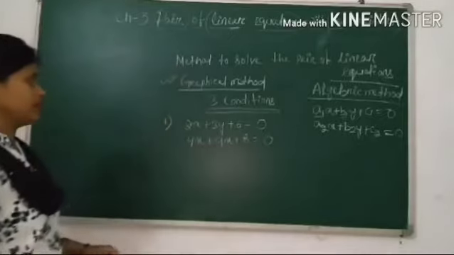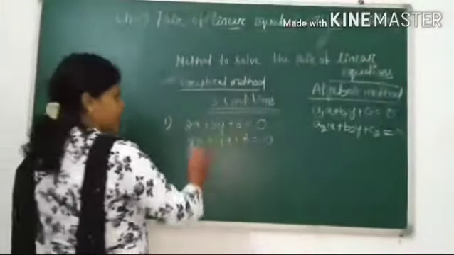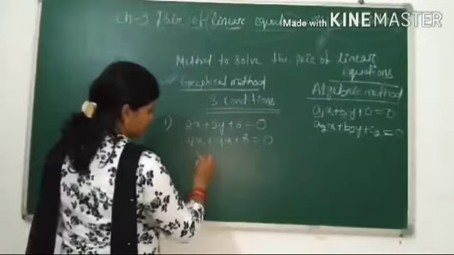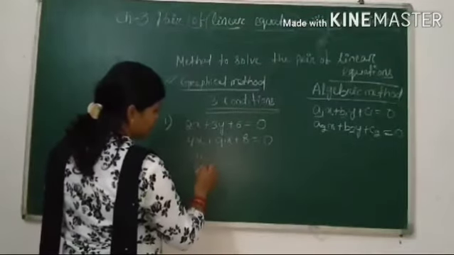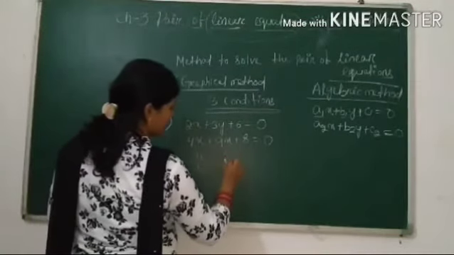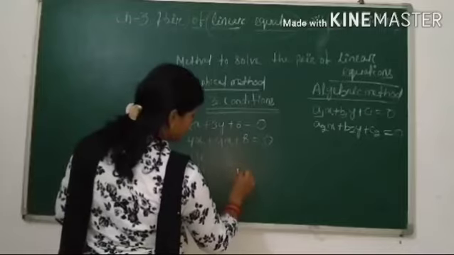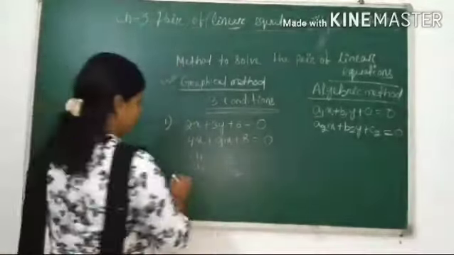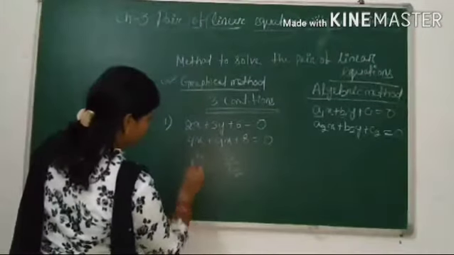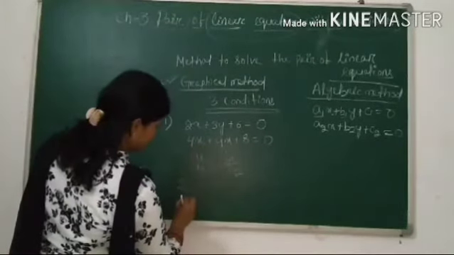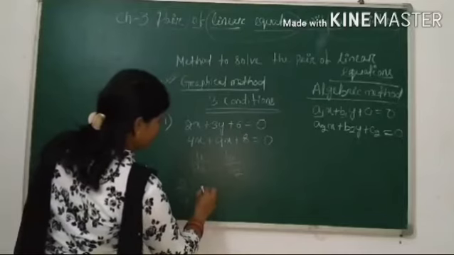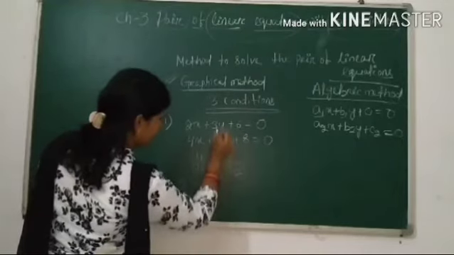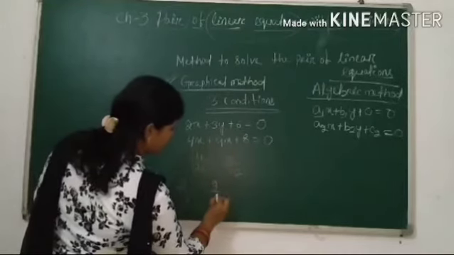I have to compare a1 by a2 with b1 by b2. So here I write 2 by 4 and here 3 by 9.